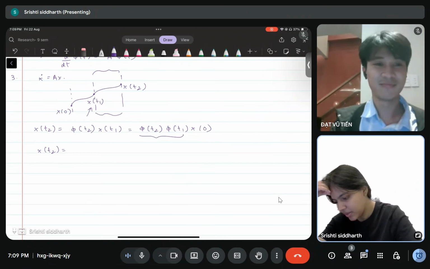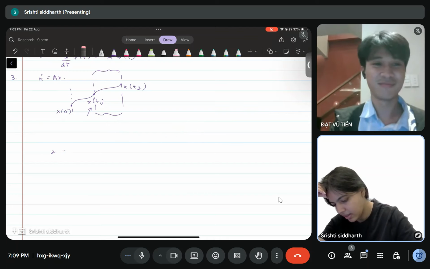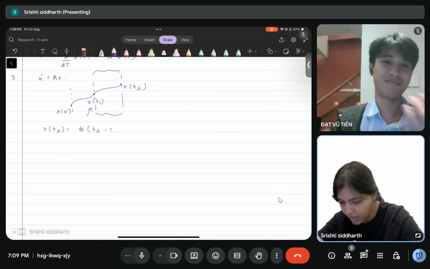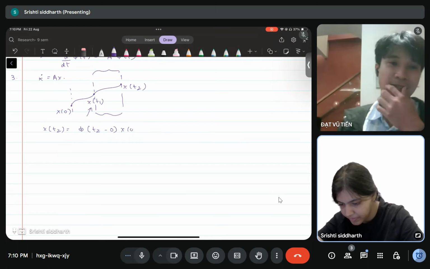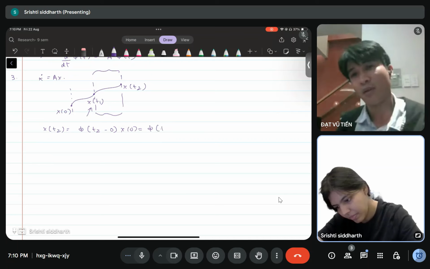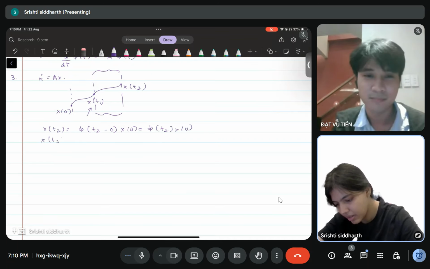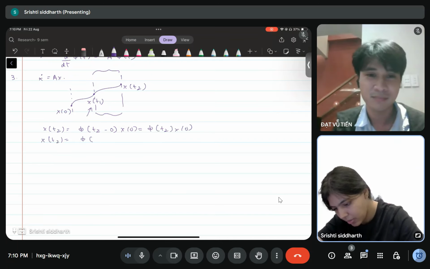Let me just rewrite this. So x at t2, if we start from x0, that's a state transition matrix. And if we start from t1, this is phi of t2 minus t1, x at t1.